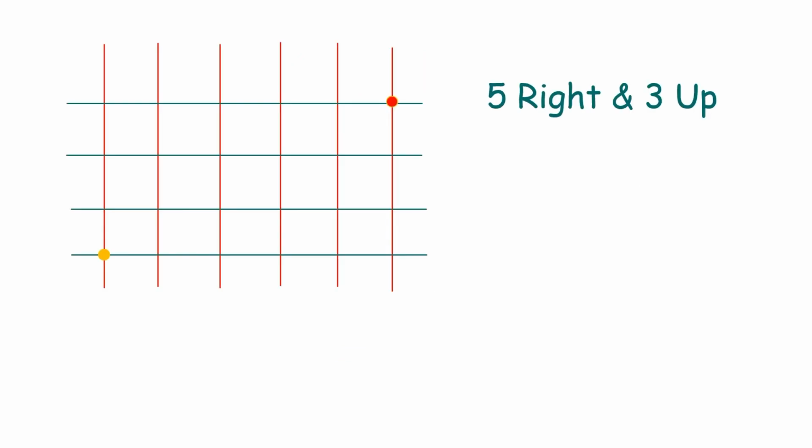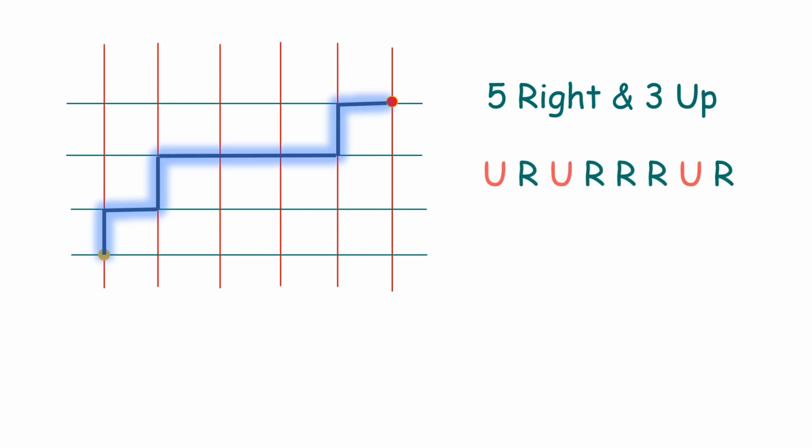Now let us go to the solution of the problem that we started with. If we notice the grid properly, we may see that for any shortest path, there are only 5 right steps and 3 up steps. So the number of right and up steps are limited. A shortest path is basically a combination of a few up steps and a few right steps.